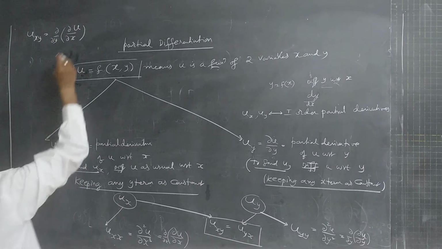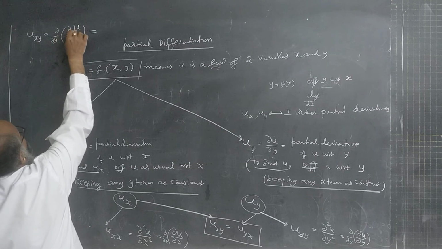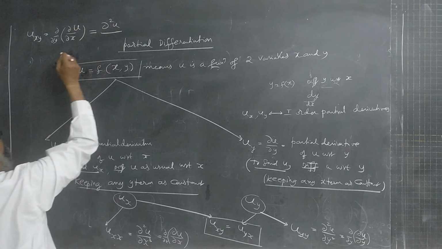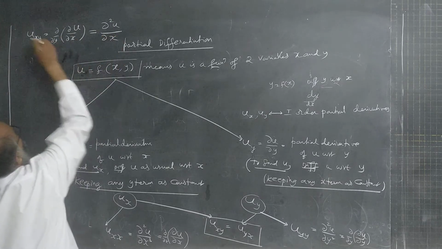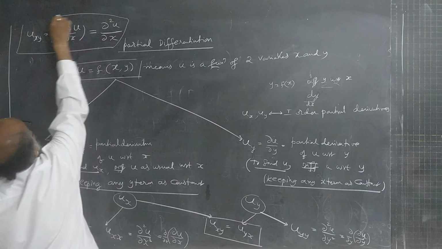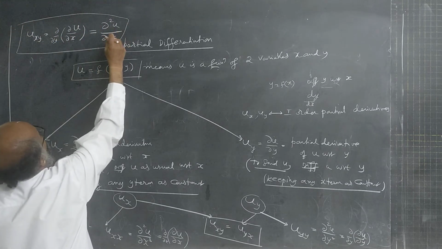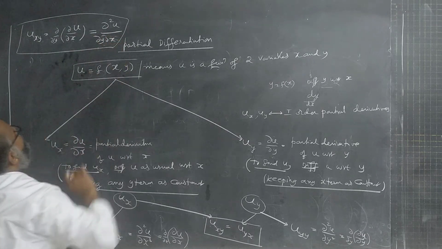You get delta by delta y. So if you want to write this, you write it as delta by delta y of delta by delta x of u. That means delta square u by delta y delta x, in this order. This symbol you should learn, all of them. You can write uxy in this way or in this way.